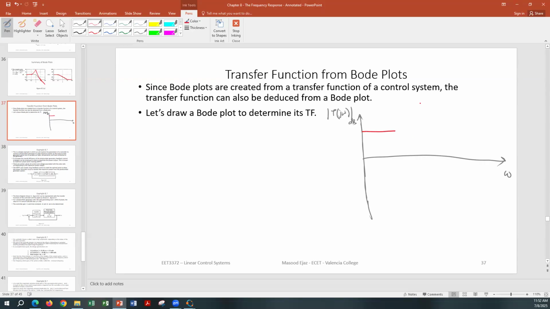I don't know if it's the same I gave you. This is 50 decibel. This is 100 radian per second, 20 dB per decade.